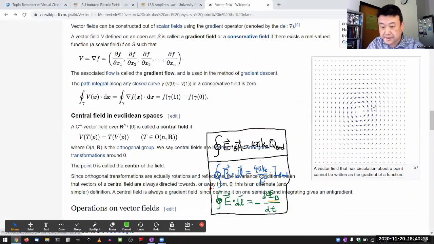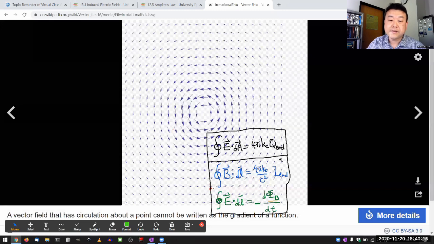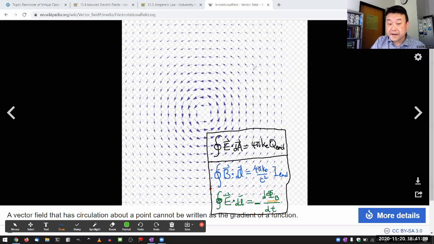This vortex-looking vector field is one where if you imagine doing a calculation like the line integral around a closed loop, making sure to contain this point, you can see that the direction of the line and the direction of the field go in the same direction.